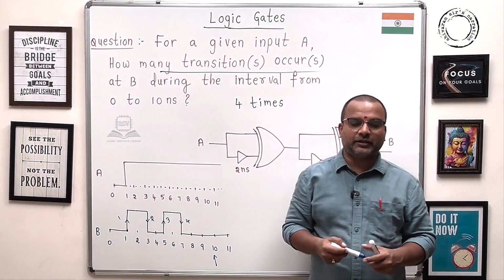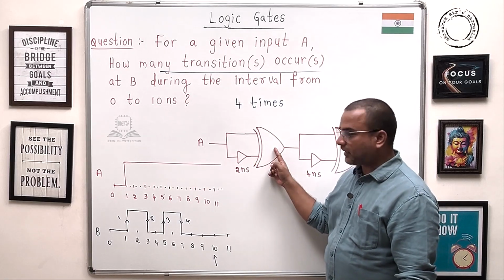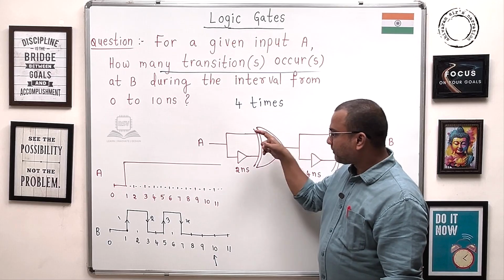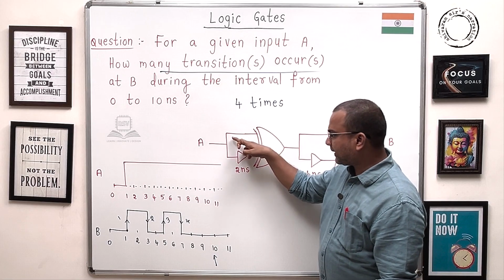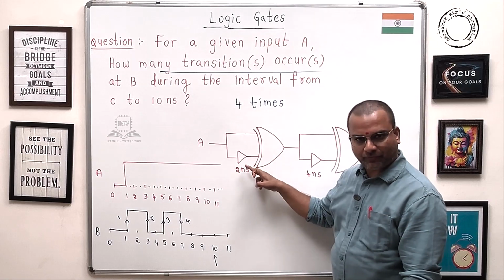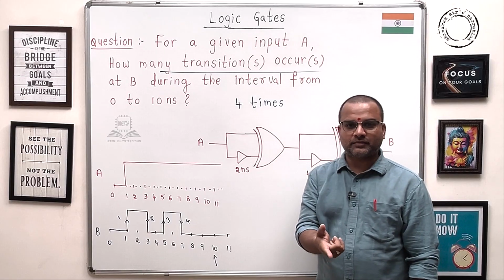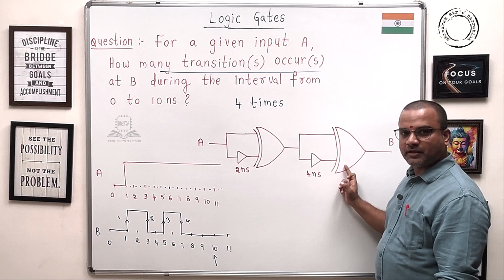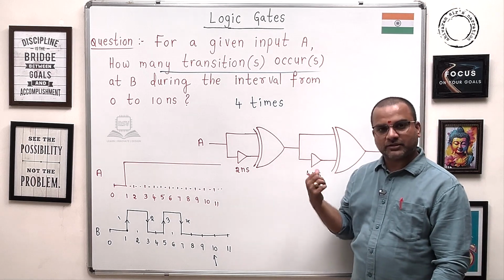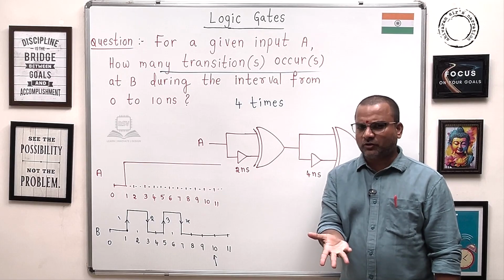Whatever might be the input, here you see this is A and this is A only, through the buffer. So you get A. For the same inputs, what do you get at an XOR gate? Output as 0 only. Means for this XOR gate, both the inputs are the same, then the output must be 0 only.